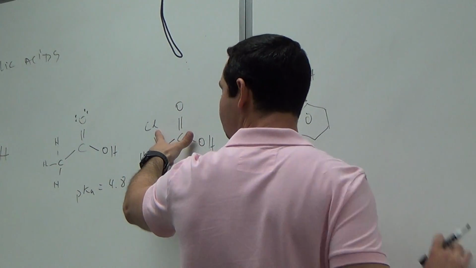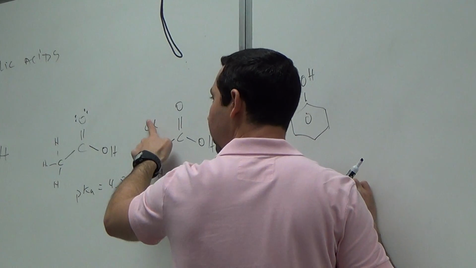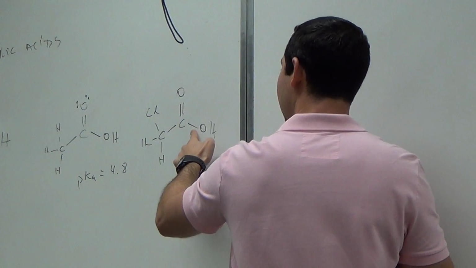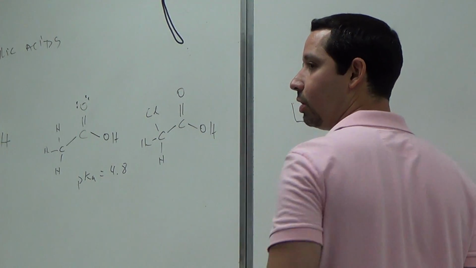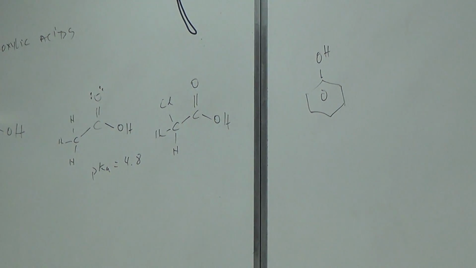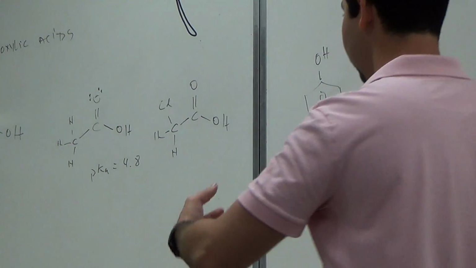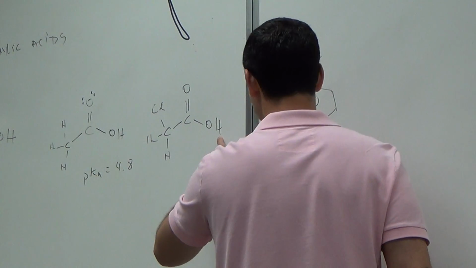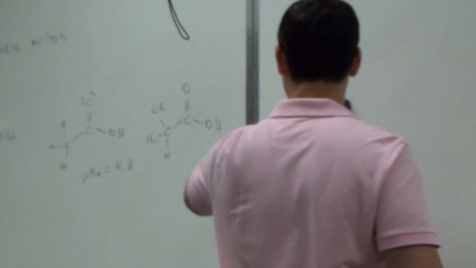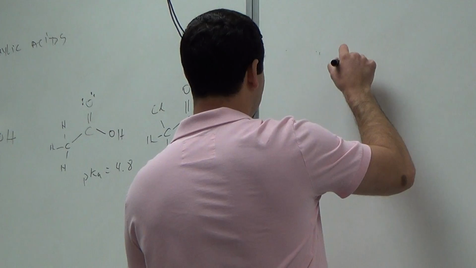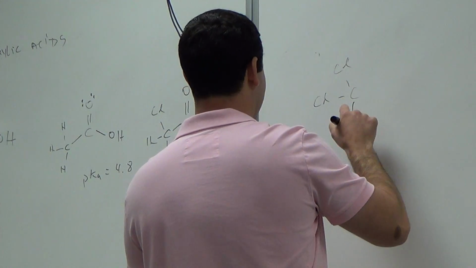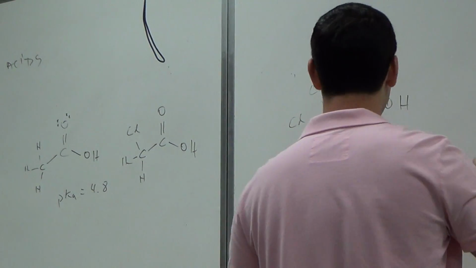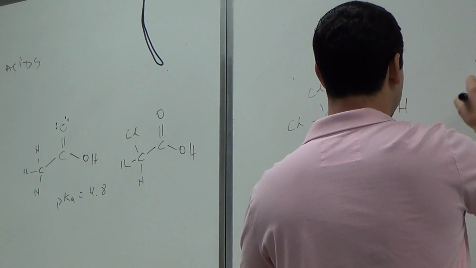The chlorine is withdrawing electron density that way, eventually from this oxygen-hydrogen bond, making this more positive, yes? And of course, if I put another one, it's even more acidic. And even more acidic than that is another one.